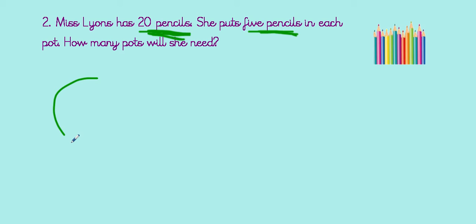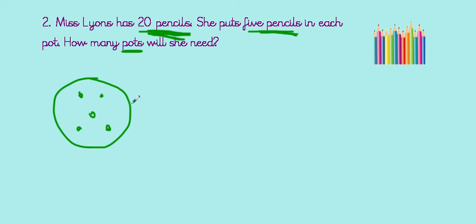So we know how many there are in each group. We know we need 1, 2, 3, 4 and 5 in each group. But we don't know how many groups we're going to need or how many pots.